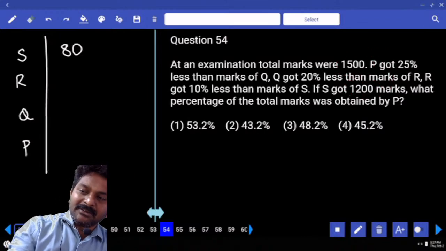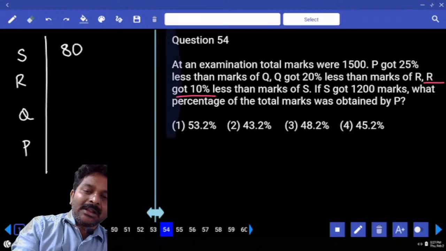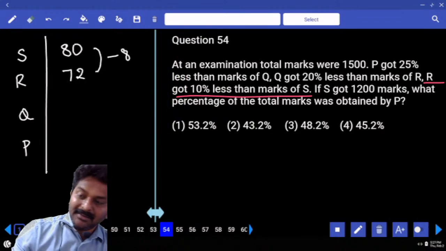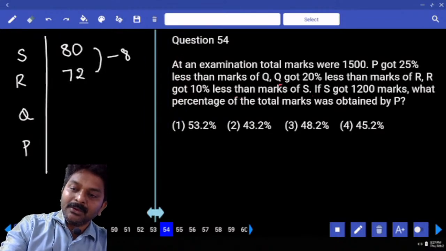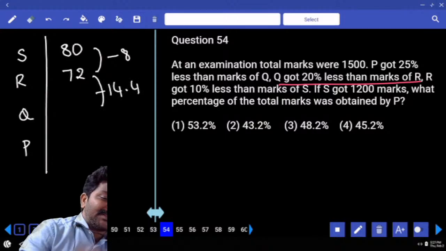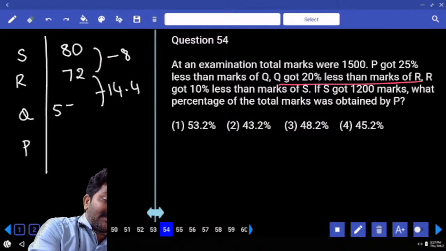Right, last but one condition says R got 10% less than S, which is 72. 10% in the sense 8 subtracted. Last but one, Q got 20% less than R. 20% of this number, 14.4 minus, how much is that? 57.6.